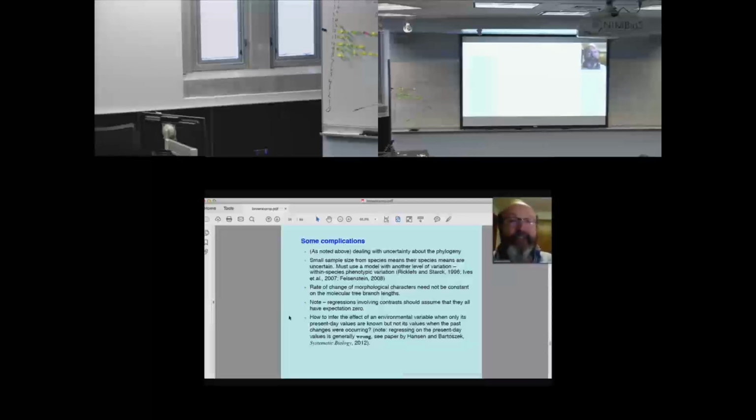And the embarrassing answer is, well, for convenience, it's tractable, so we'll assume that. So I think there's a literature coming in which people will not just try to measure present-day environmental variables on individual species and correct for that, but will be using a model of change of those environmental variables.